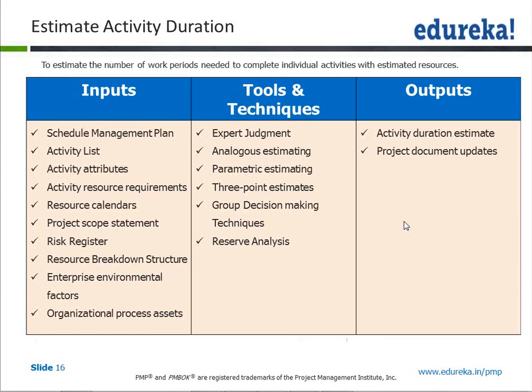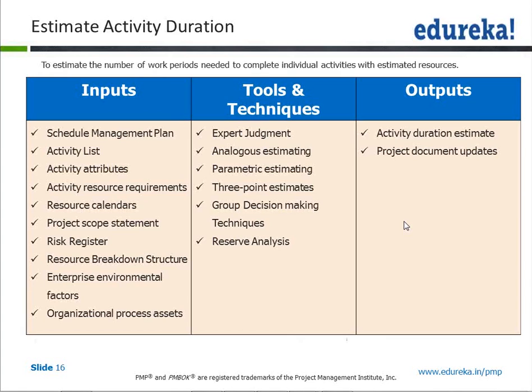Now all of these, basically what we are talking about is analogous estimation, where you are using the past data of a similar project. Okay. Now in the case of WBS also it is the same thing. First of all, you define a simple, medium, complex kind of classification.